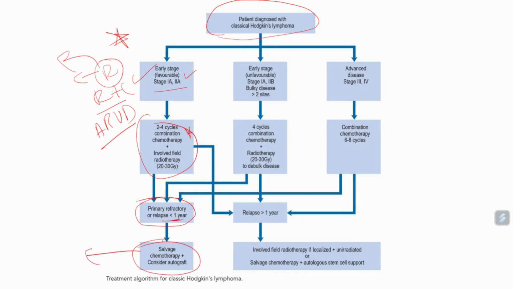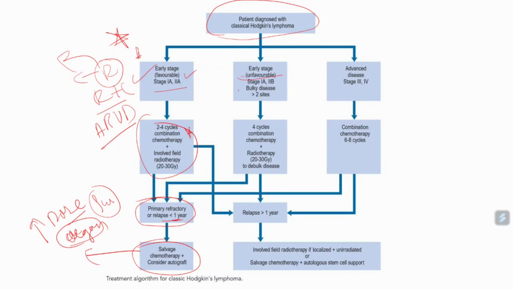Salvage chemotherapy is high-dose chemotherapy, and we will consider autograft, that is, bone marrow transplantation or organ transplantation. Surgeries will be done here if the patient has relapsed in less than 1 year. So this is about early stage favorable Hodgkin's lymphoma.